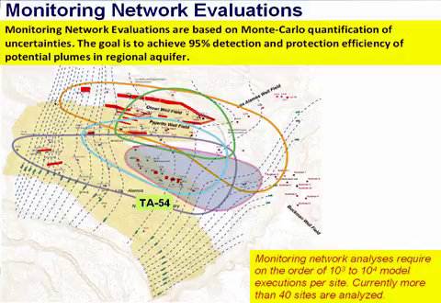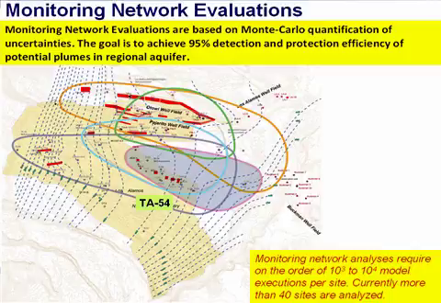We targeted a 95% detection efficiency level, which means, and again this is a Monte Carlo framework, an uncertainty analysis type of framework, that we wanted the existing monitoring network to be capable of detecting 95% of the plausible plumes from each of these locations, and also to detect these plumes before they reach water supply wells or the compliance boundary, which is more or less the LANL boundary.